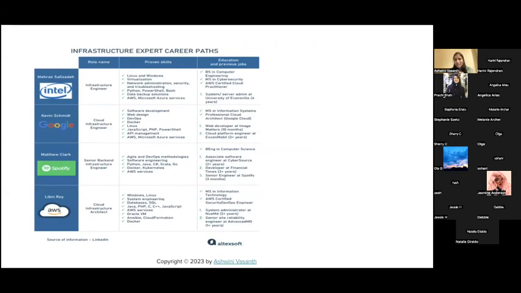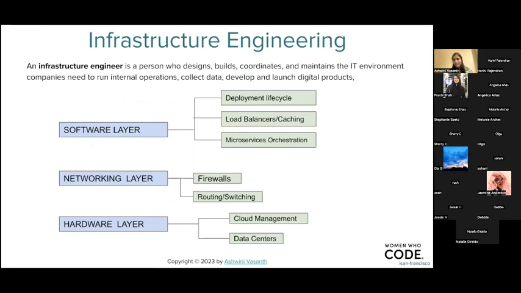You can see there's a little bit of variation, but there's also a lot of overlap in terms of asking for cloud certifications, certain language skills and database and so on. But broadly, to sum up, an infrastructure person is someone who tries to piece together all of these different parts to make a system operational to build a product on.